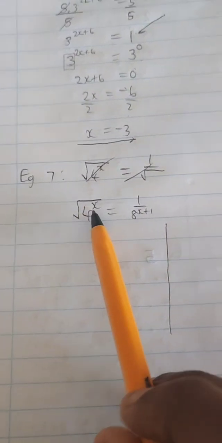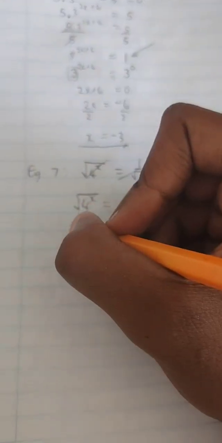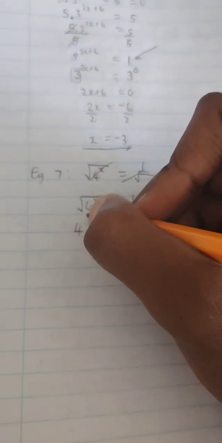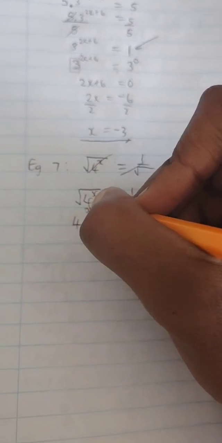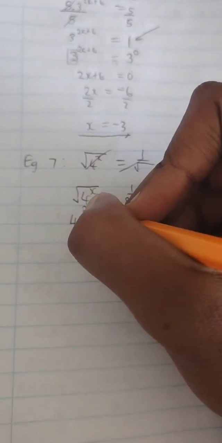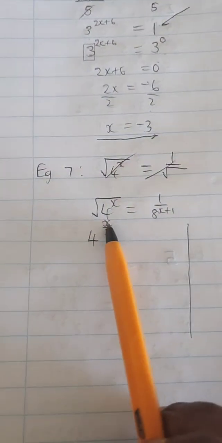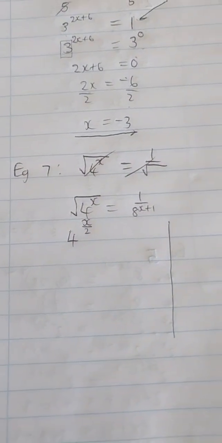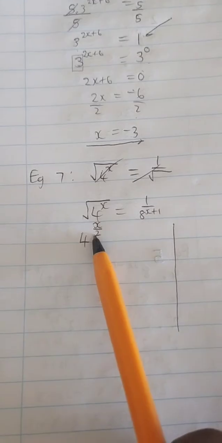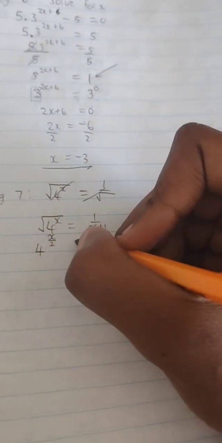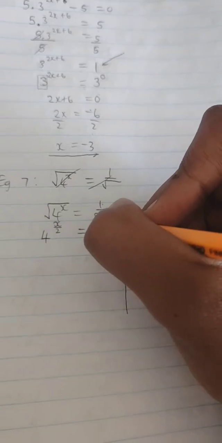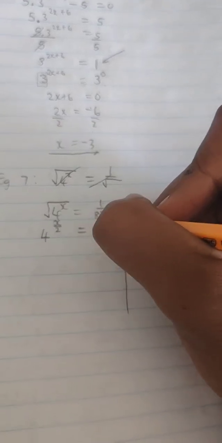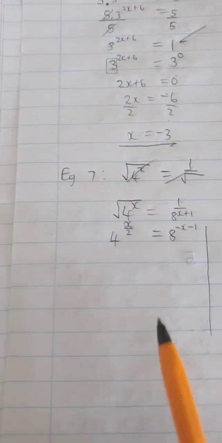Maybe someone else was looking at this and thinks, why don't we just write the square root of 4 to the power x, removing the root, as 4 to the power x over 2, right? And then they go ahead and say, then let's write this as 8 to the power negative x minus 1. Do you see what happened here?